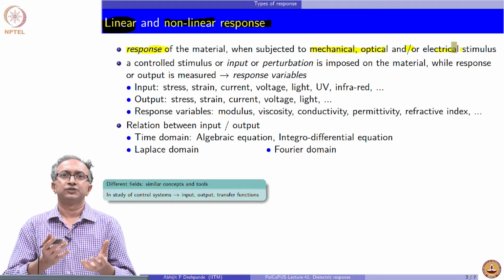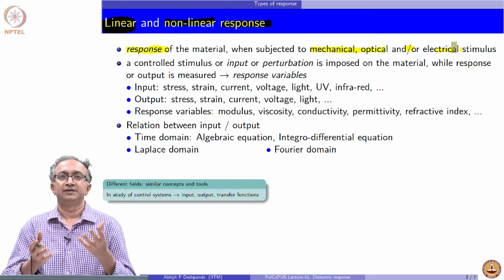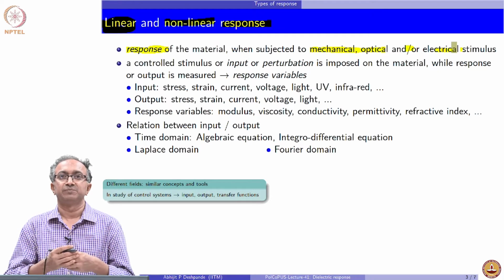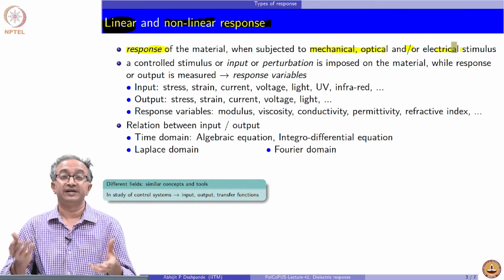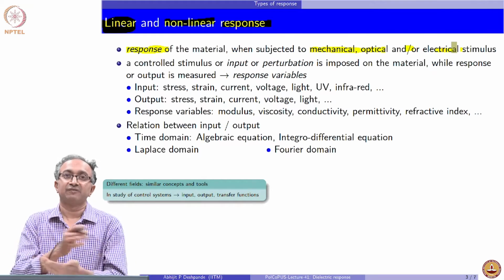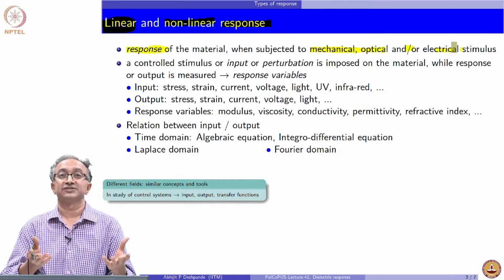And the response basically quantifies the relation between two different variables, the output and input. So, stress can be the input and then strain is the output, or strain rate can be the output. We can have the converse situation also, where we deform the material. So, therefore, we apply strain or a strain rate, and then stress is the output.